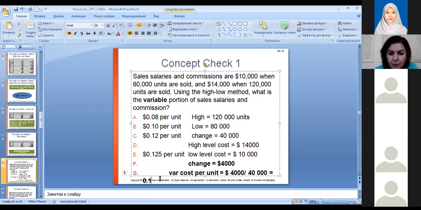What is the variable cost? $0.10 variable cost per unit, right?